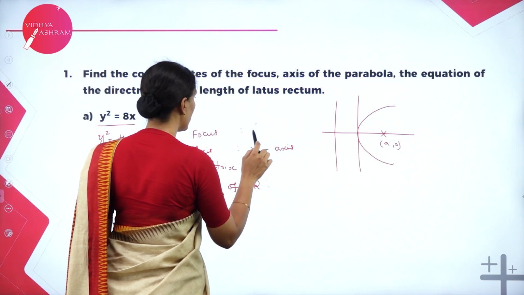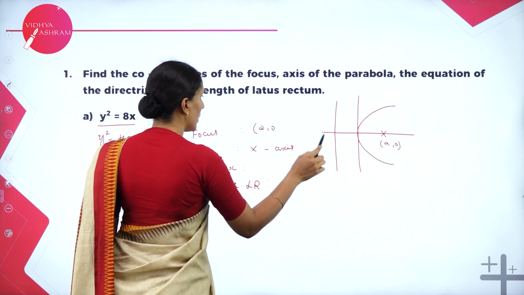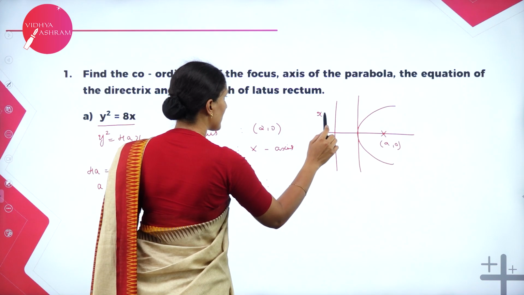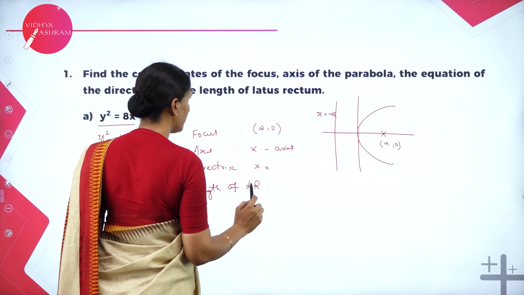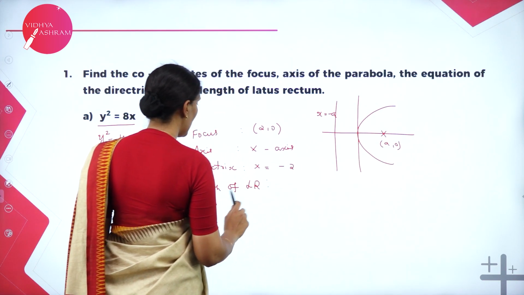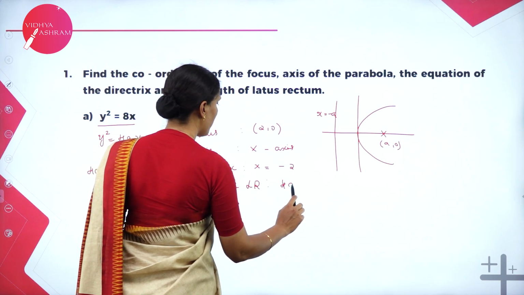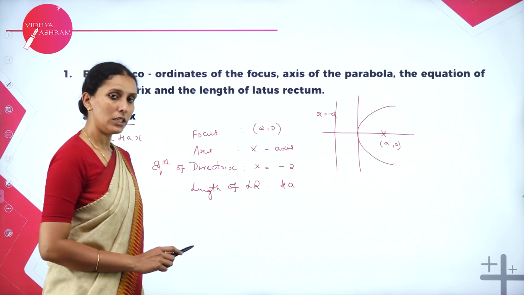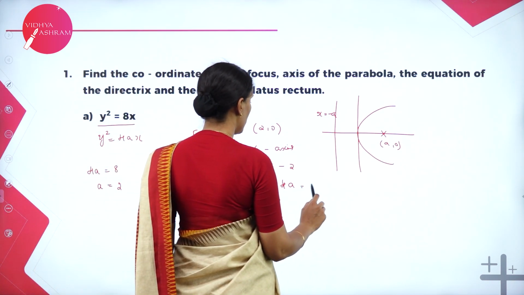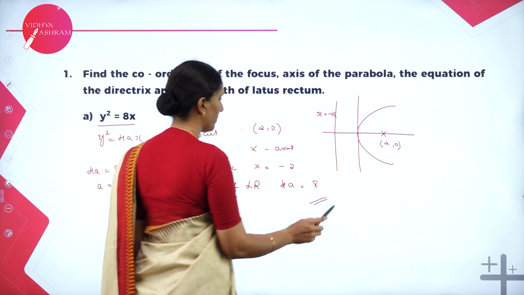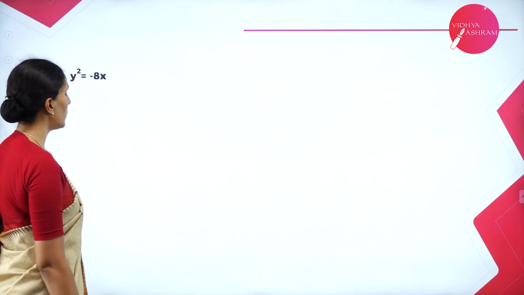So therefore here it is 2 comma 0. Equation of directrix will be x is equal to minus a. So therefore here x is equal to minus 2. The length of the latus rectum is the same for all the 4 types of parabola, that is 4a, and the 4a value is 8 here.